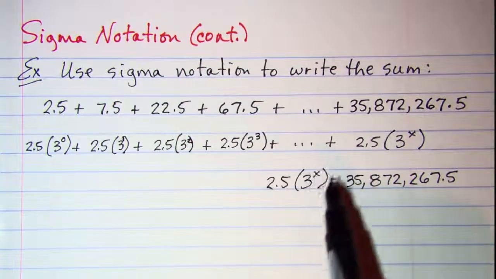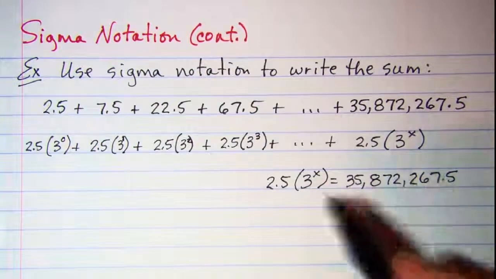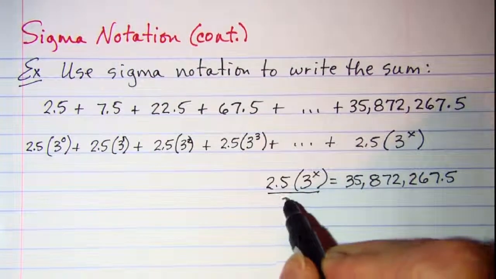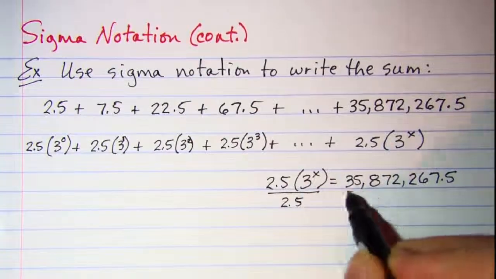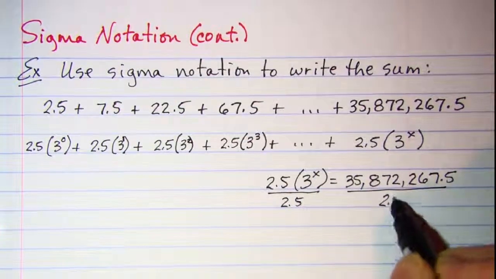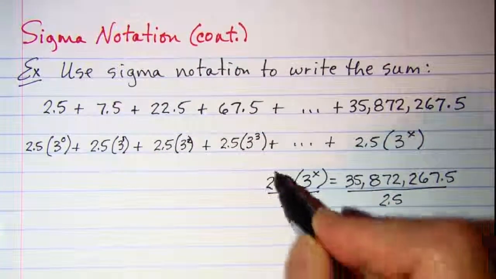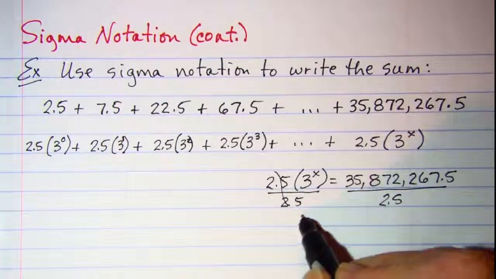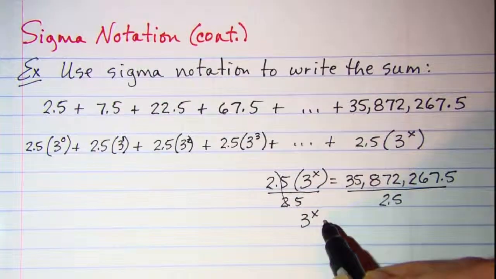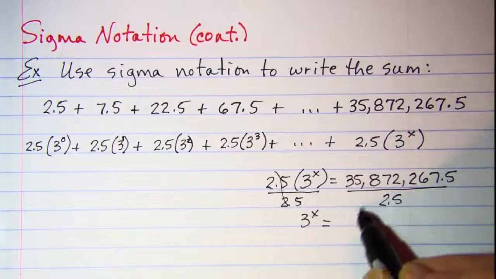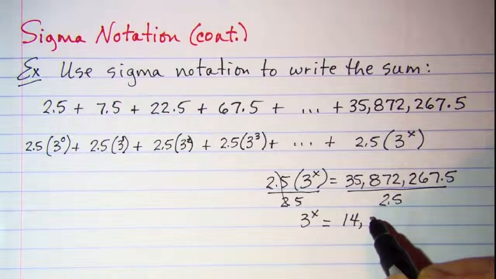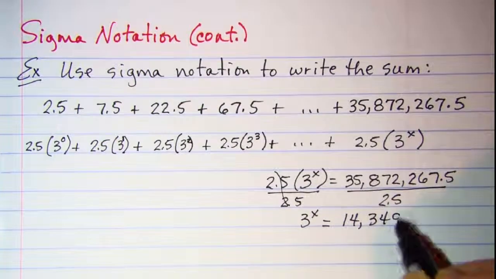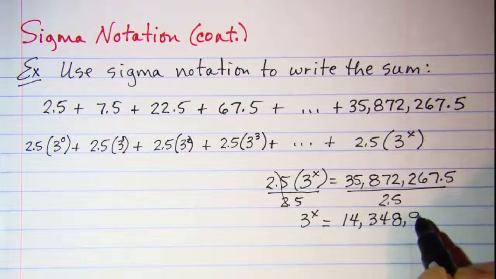Let's isolate our exponential. Divide both sides by 2.5. So we get 3 to the x is equal to 14,348,907.